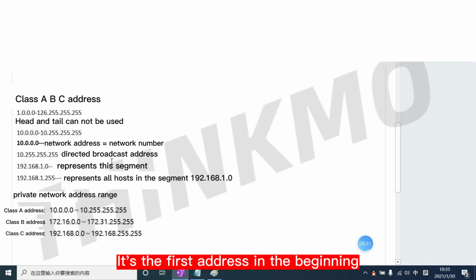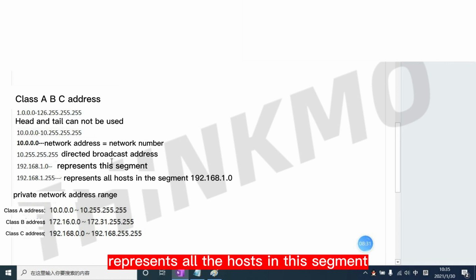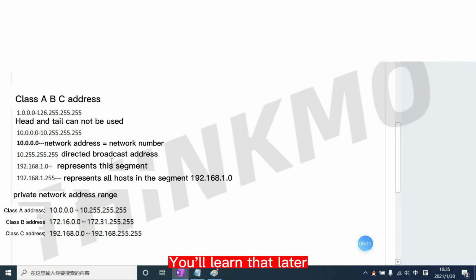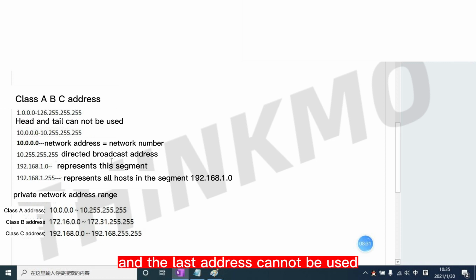It's the first address at the beginning, and the last address represents all the hosts in this segment. A network number corresponds to the concept of a route. You'll learn that later. In short, the first address of the segment and the last address cannot be used for hosts. This applies to class A, B and C addresses.